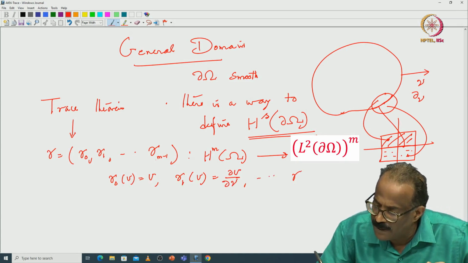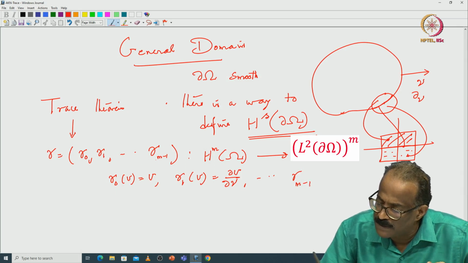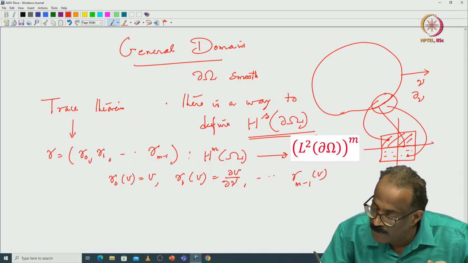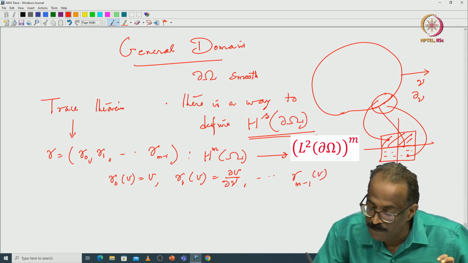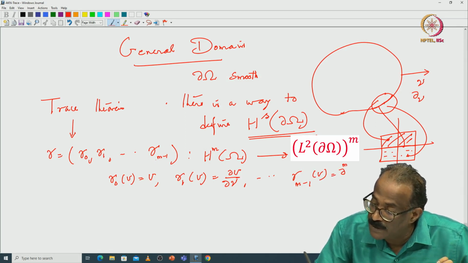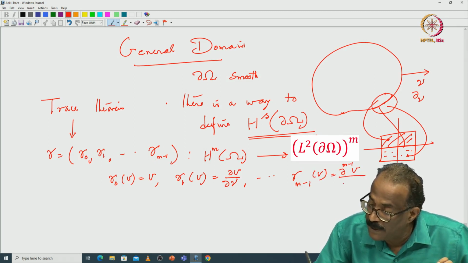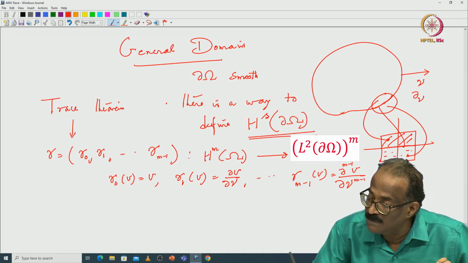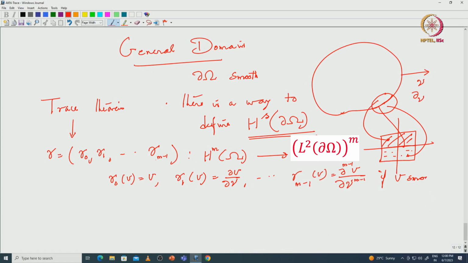You can define γ(m-1) of V as the (m-1)th derivative of V in ν, if V is smooth. So you see, you can do such things.